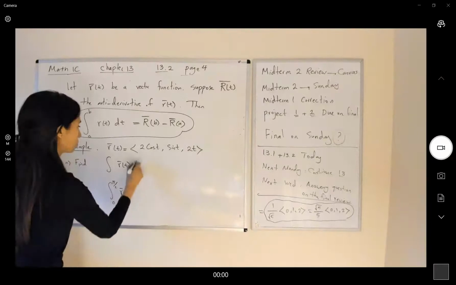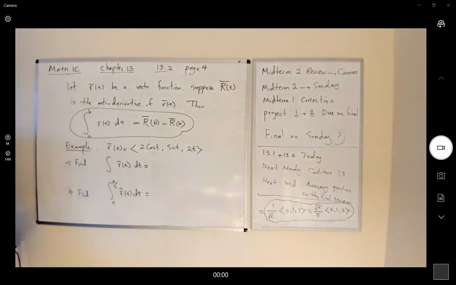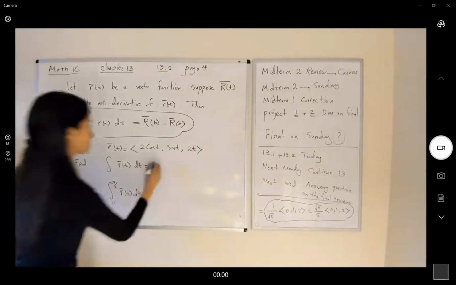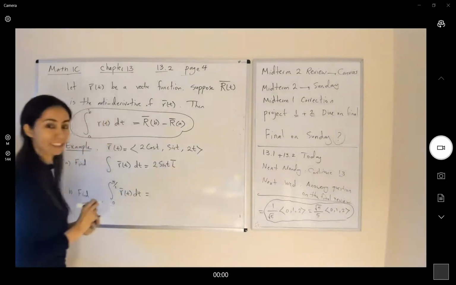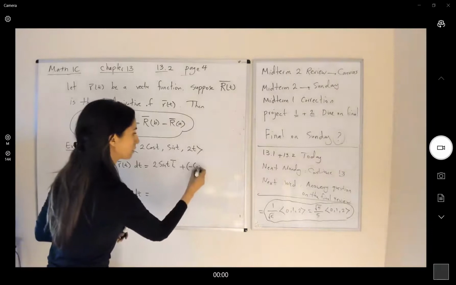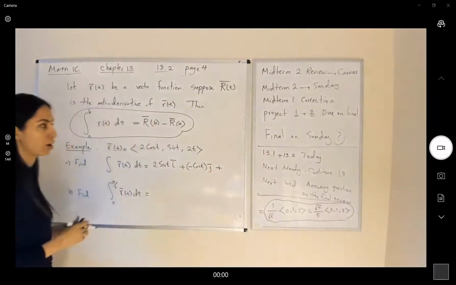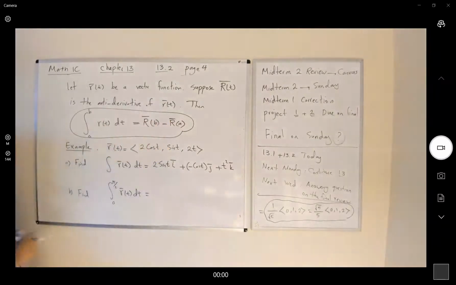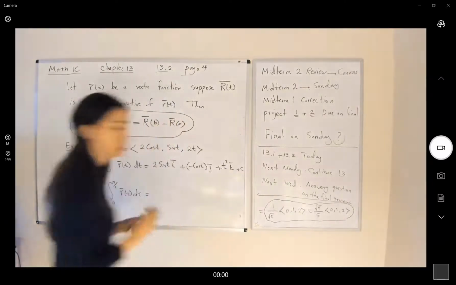Okay, perfect. So we'll go for the dt. So we take the integral of the first component, 2 cosine t, which is 2 sine t, in the direction of the x-axis, plus the integral of sine t, negative cosine t, in the direction of the y-axis, plus the integral of 2t, which is t squared, in the direction of the z-axis. We can add the constant of integration at the end.